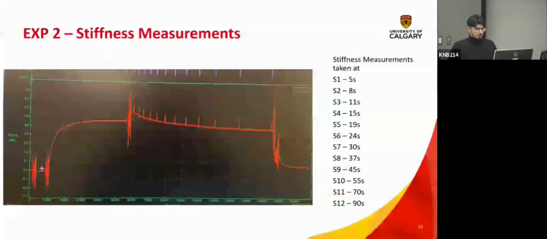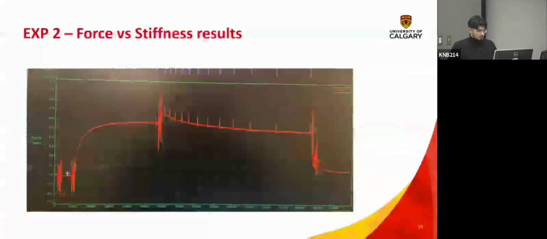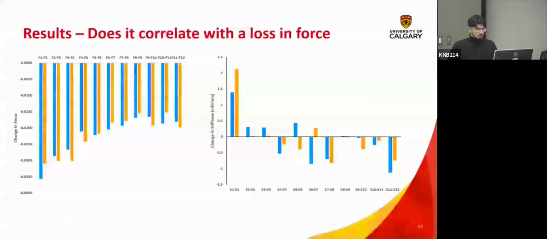What I did do is I looked at S3 and S7. So what this shows right here is the changes in force between each given measurement point. So between the force at the first stiffness measurement versus the second stiffness measurement, giving the interval changes at every single step.